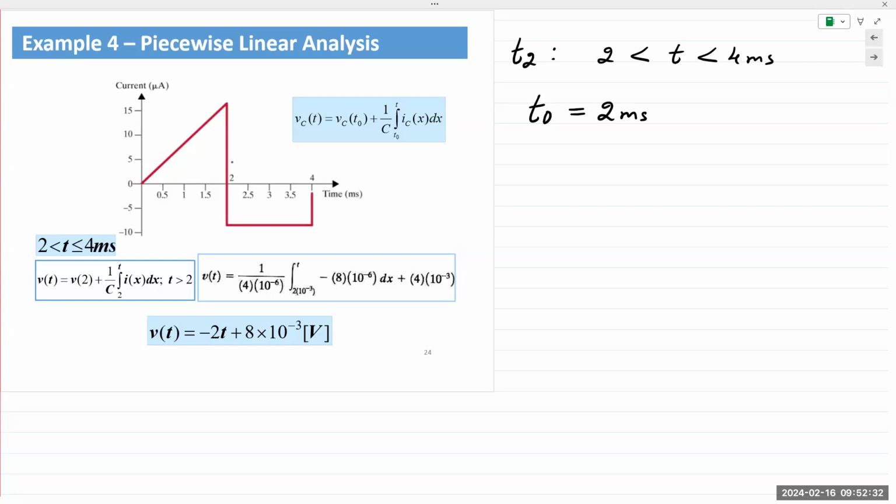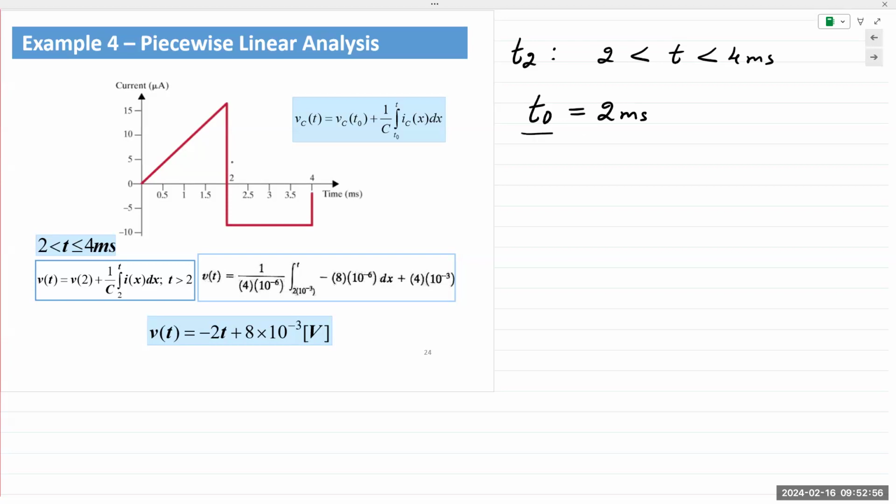But if you did encounter something like this in real life, then you know what to do. If there was a further value given beyond 4 milliseconds, then time period 3 would begin at 4 milliseconds, and so on and so forth. So T0 would change for every single time period. That's the most important point.